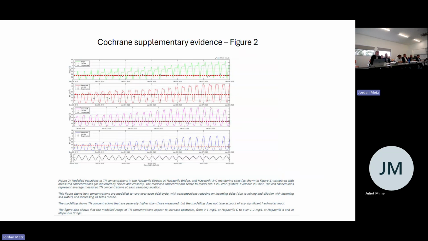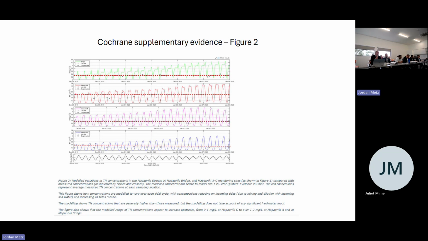But what it shows is, over that period of time that we did the water quality work in 2019, 2020, Mr. Cook was able to go back and get tidal water level conditions over that period and use that model to model TN concentrations.